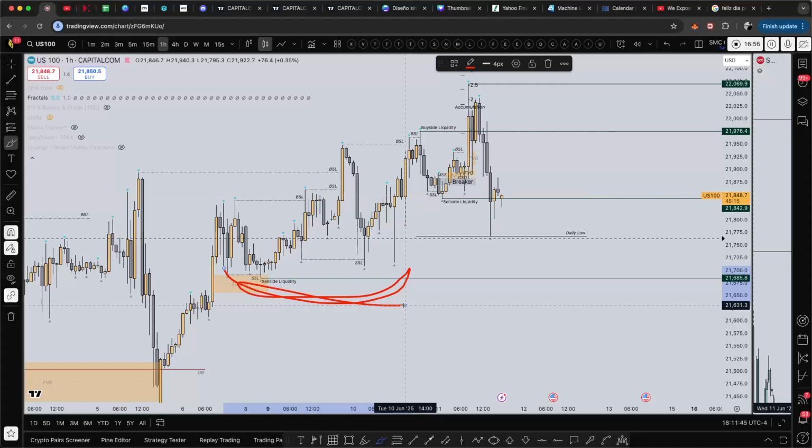But if you still have a good plan, a good setup, and you trust your setup, you can take it. But because it's CPI, don't be looking to flip your account. Don't be looking to make thousands. So just go easy, and don't go greedy.